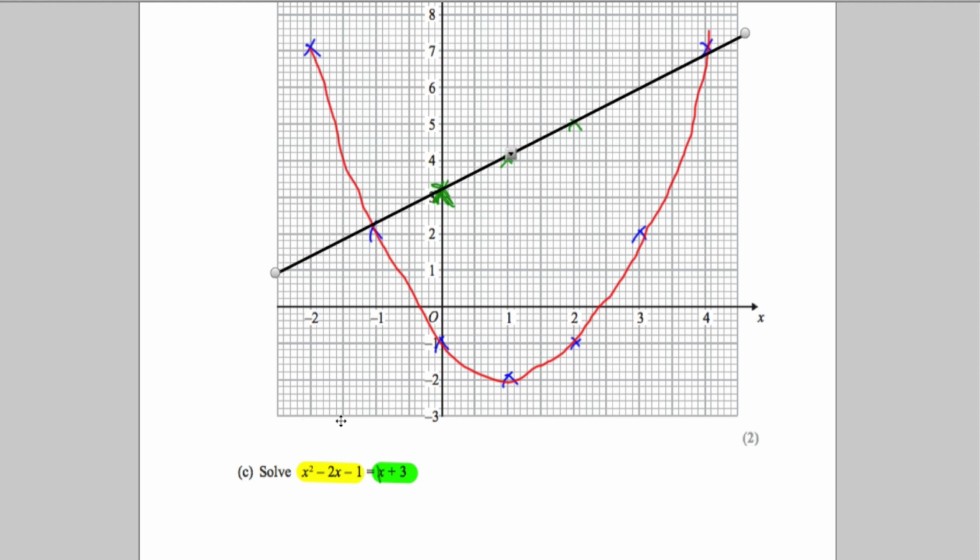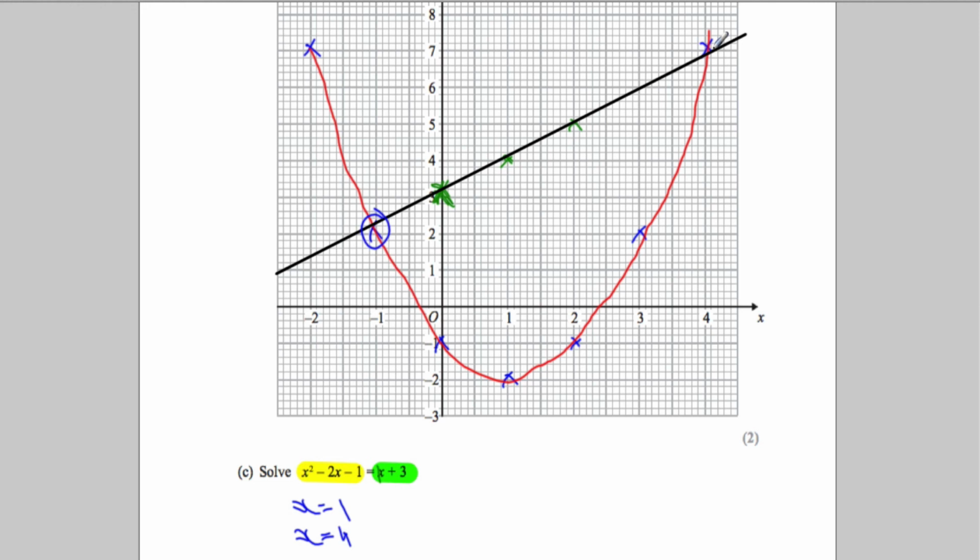So where are the two graphs equal to each other? When x is equal to 1 and when x is equal to 4, the two graphs are equal to each other.